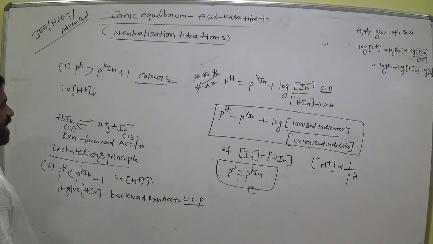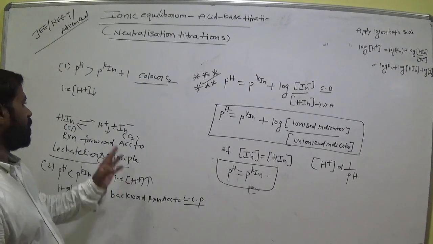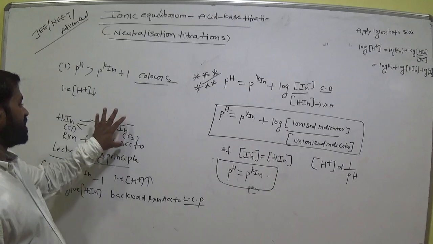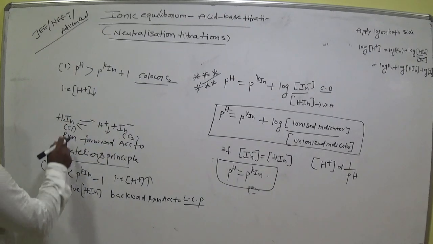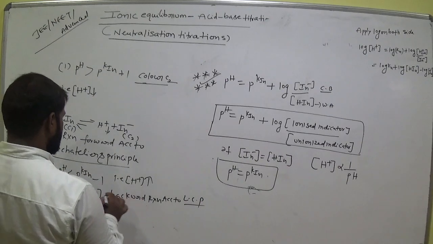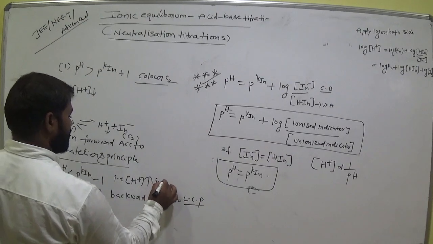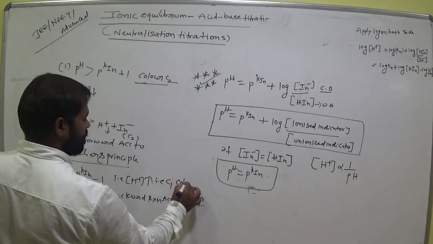Am I right? Here H plus ion concentration is more, so the reaction moves backward. That means HIn concentration increases. Which color appears? That is the C1 color.